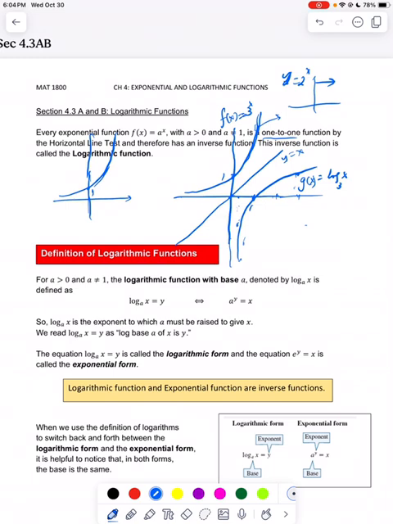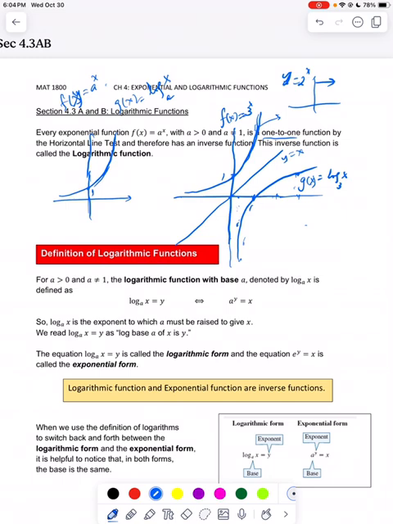So now we define the logarithmic function. As you noticed, if you have y is equal to a to the x, or f of x is equal to a to the x, then g of x will be log base a of x. So a is the same a that we have in the exponential function, and it has the same condition that it has to be greater than 0 and it cannot be equal to 1.